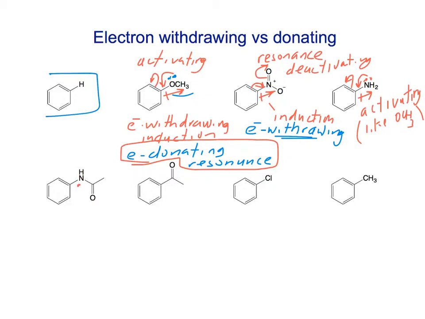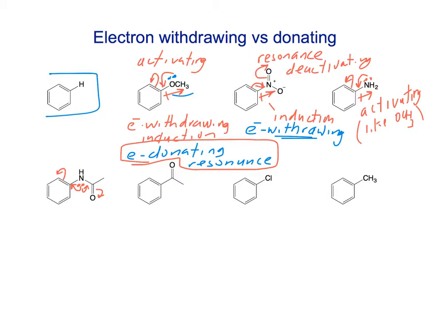Yeah, so it also has a non-bonding pair of electrons here, so it can donate electrons like this. Do you think it's going to be as strong of an electron donating group as the amine up here? No, why not? Because it can also have resonance with the carbonyl. So this pair can also have resonance over this way.